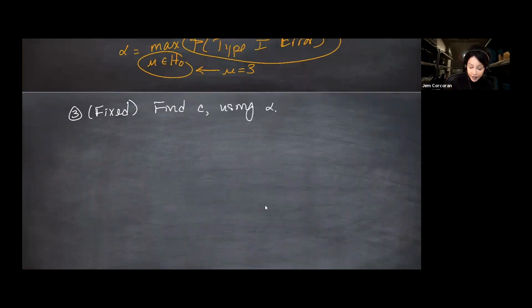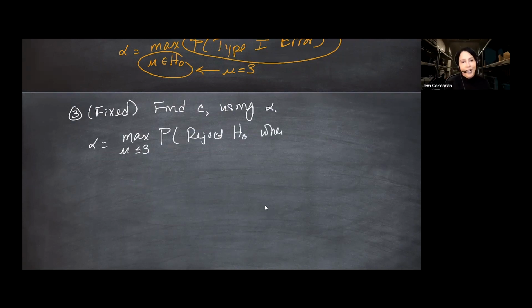And alpha is the maximum over all mu in the null hypothesis, in this case less than or equal to 3, of the probability that we reject the null hypothesis when the parameter is mu.